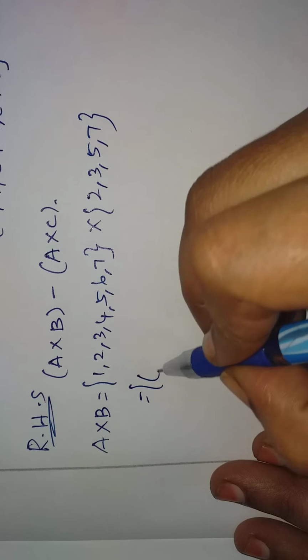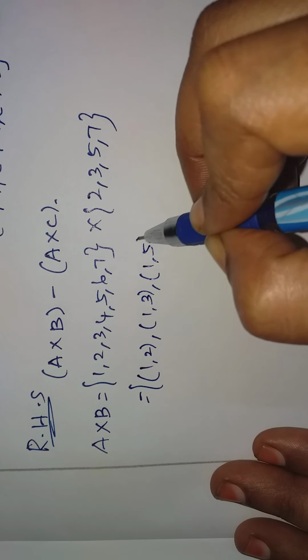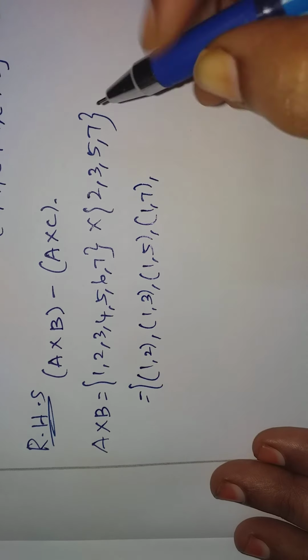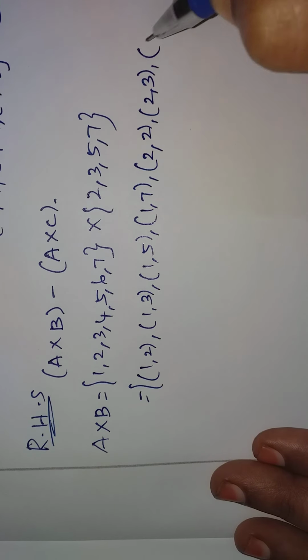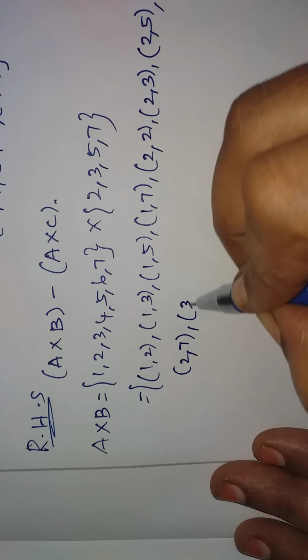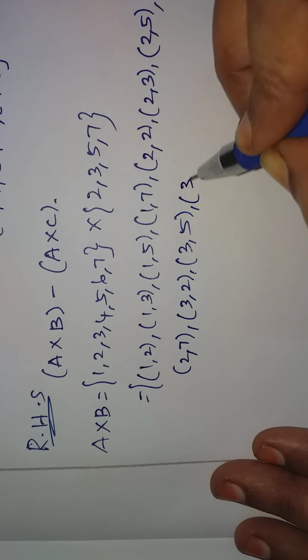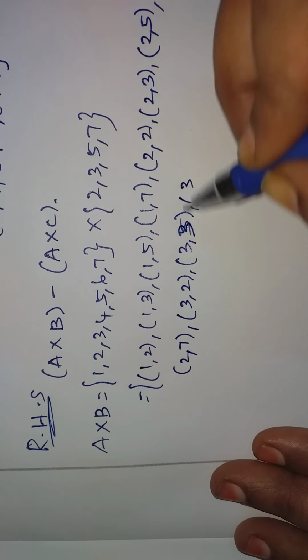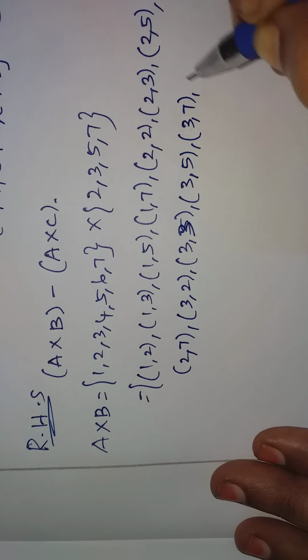Now write in ordered pair: (1,2), (1,3), (1,5), (1,7), (2,2), (2,3), (2,5), (2,7), (3,2), (3,5). Sorry, (3,3), (3,5), (3,7).